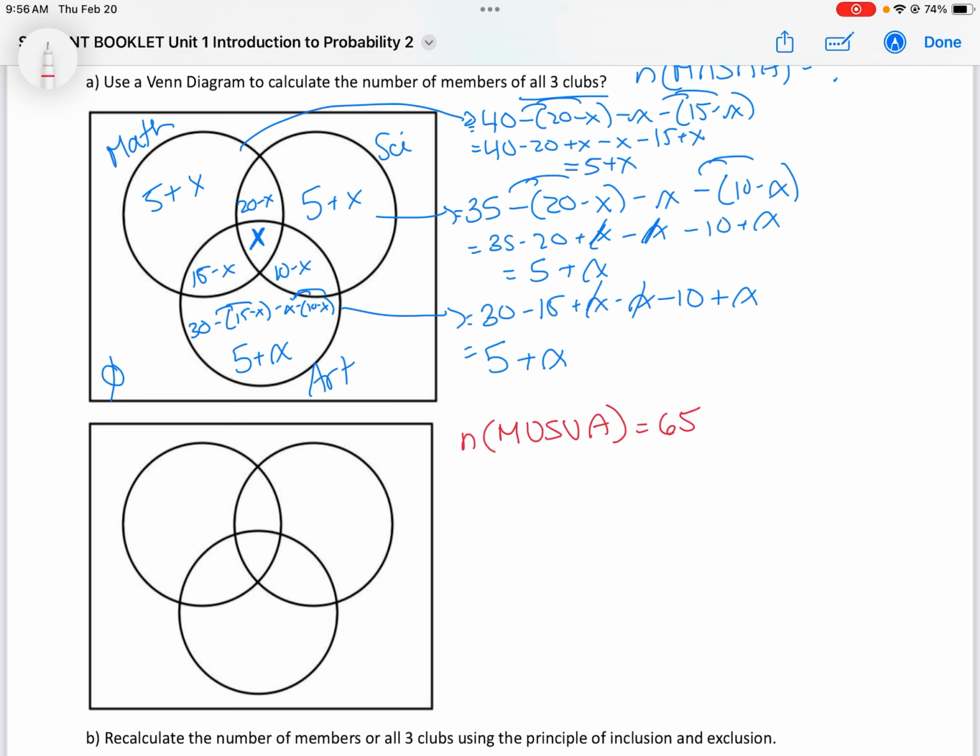That's going to be the total. So if we think about adding every single expression in here, 5 plus X, 20 minus X, 5 plus X, X, 15 minus X, 10 minus X, and 5 minus X, if we add up all of those numbers, it's going to equal 65. So let's go ahead and do that.